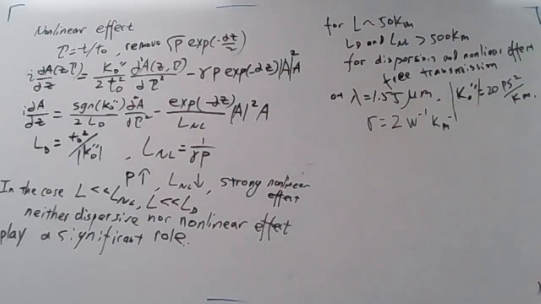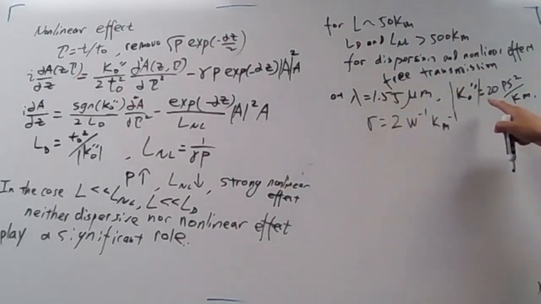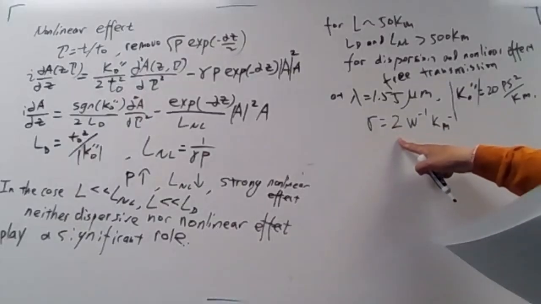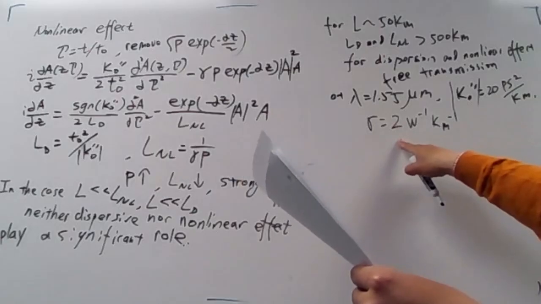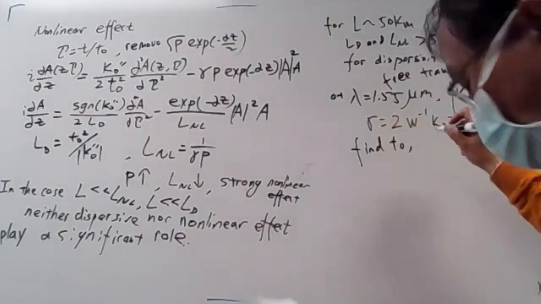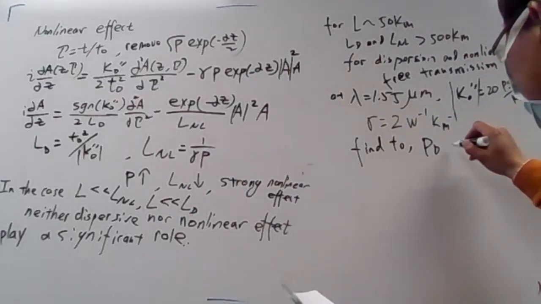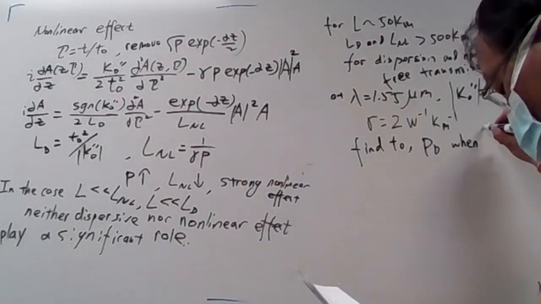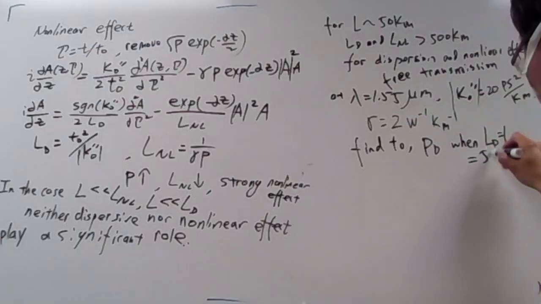Okay, so with that, this is the wavelength fiber property, right? What we can change is the T naught and the P naught, right? That's the pulse. So find T naught and P naught when LD equals the nonlinear length, 500 kilometer, right?